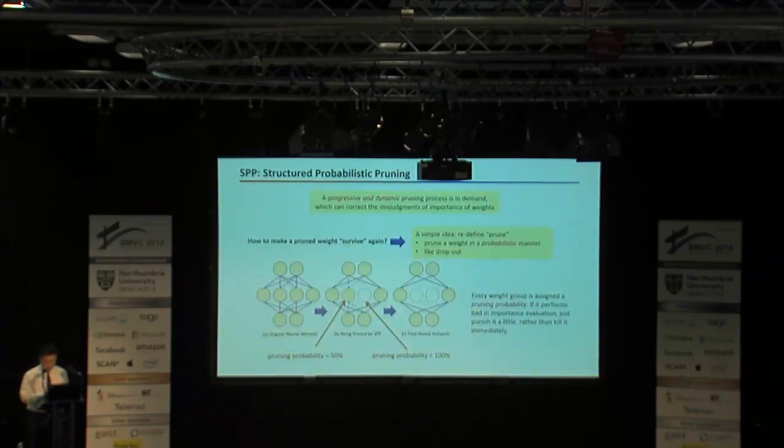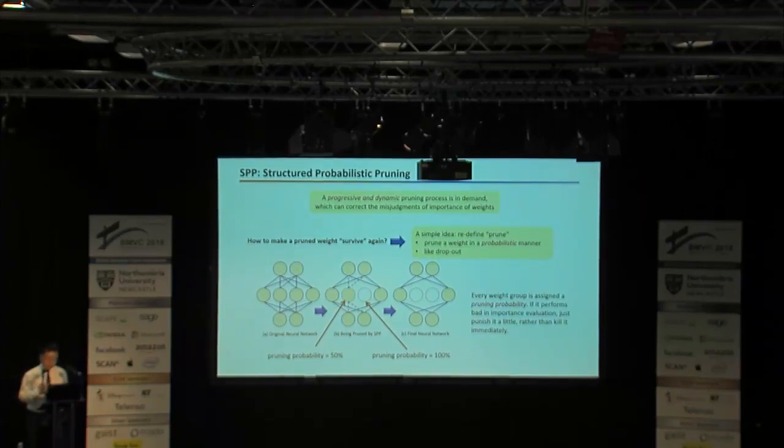Then if at some time the weight group is important, we decrease its pruning probability, and if it is unimportant, we increase its pruning probability. We only permanently prune the weight group when its associated pruning probability reaches 1.